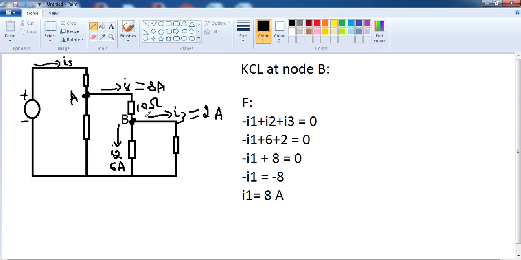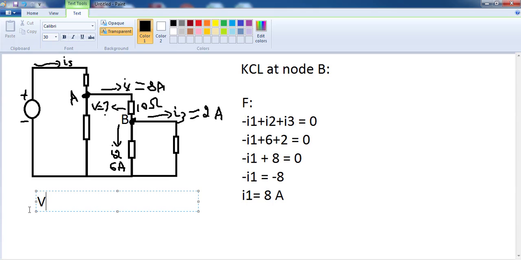Next, in the test or in the exam, I might ask you, what is the voltage going through the 10 ohm resistor? When you hear voltage, you have to apply Ohm's law.